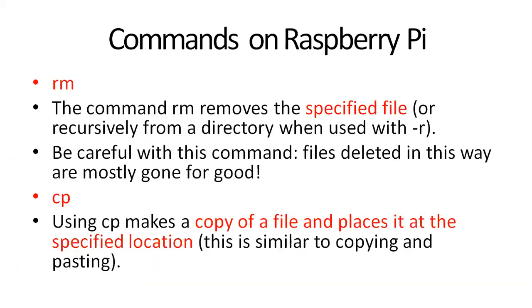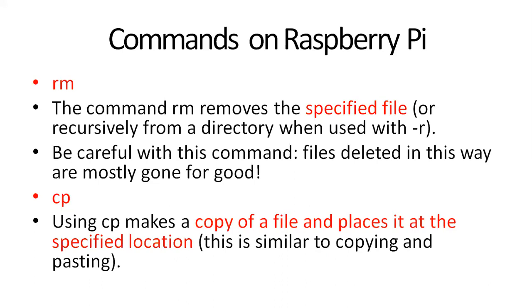rmdir. Next one here is the rm command. The rm command also works in a Raspberry Pi console. Why? Because it is Linux plus Python. That means the programming language here is Python, and the operating system is Linux on a Raspberry Pi. The rm command removes the specified file.